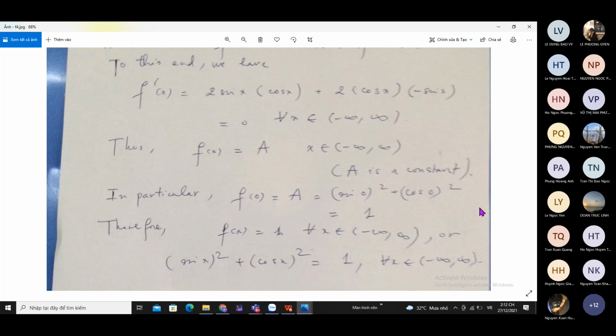On the other hand, when you replace x with 0, you have sine of 0 squared plus cosine of 0 squared, which gives you 1, right? Sine of 0 gives you 0, cosine of 0 gives you 1. And that's why you have f of x equals 1 for every x. This means sine of x squared plus cosine of x squared equals 1 for every x.